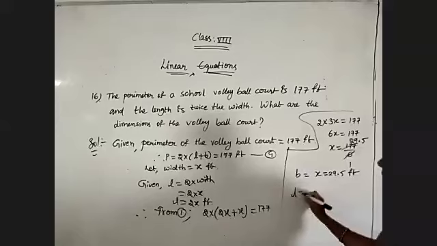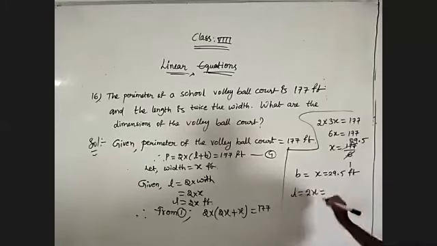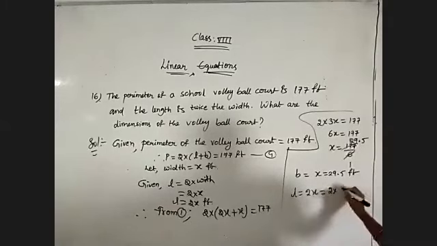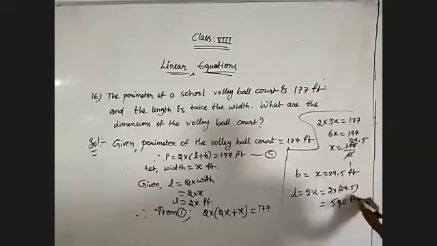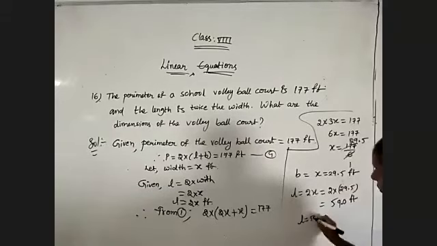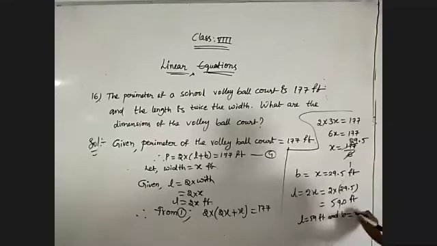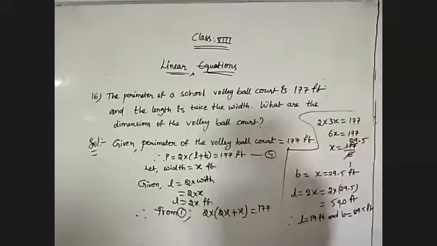And the length of the volleyball court is equal to 2x, that is 2 into 29.5, which is 59.0 feet. That means the length of the volleyball court is 59 feet and the breadth is 29.5 feet. So these are the required measurements.